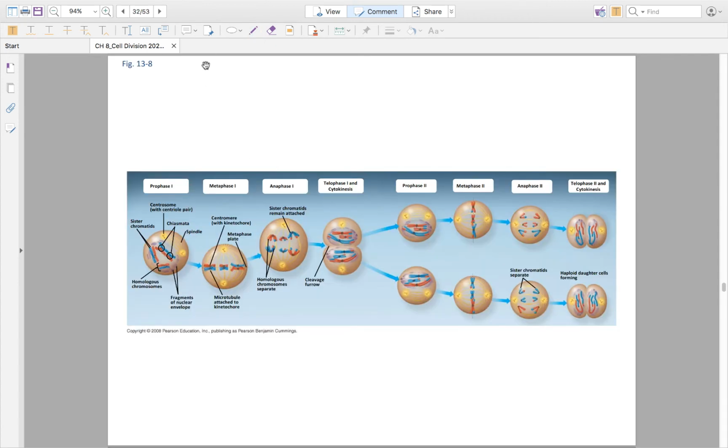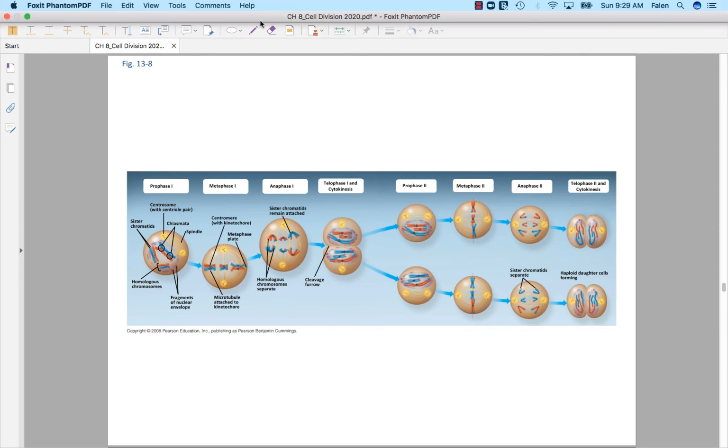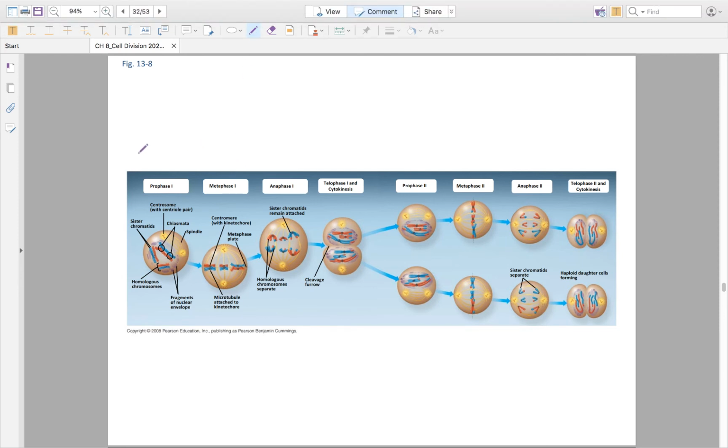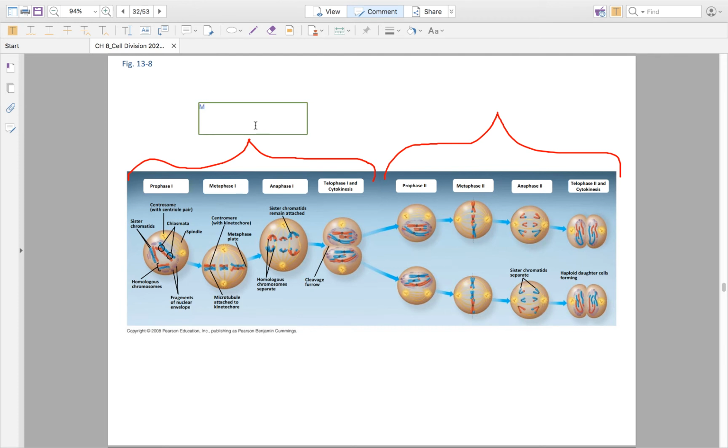All right, so this is pretty straightforward. You've seen these terms before. So notice this. Meiosis 1 is right here, and meiosis 2 is over here. I'm going to go ahead and label that real quick. This is meiosis 1. This is meiosis 2. I want you to notice that the terminology is the same as we see in mitosis.